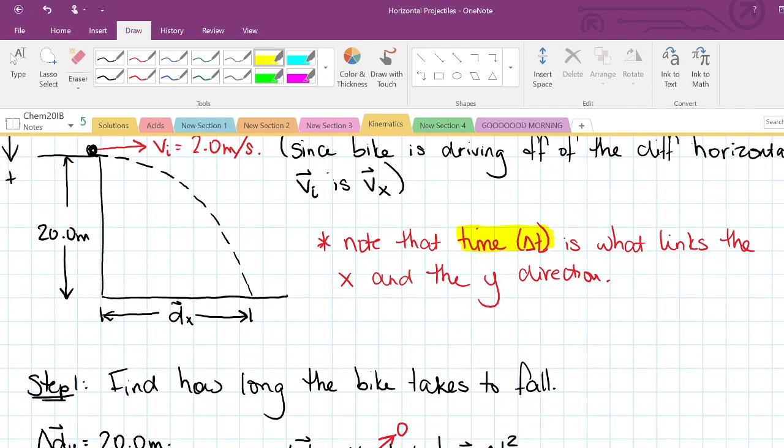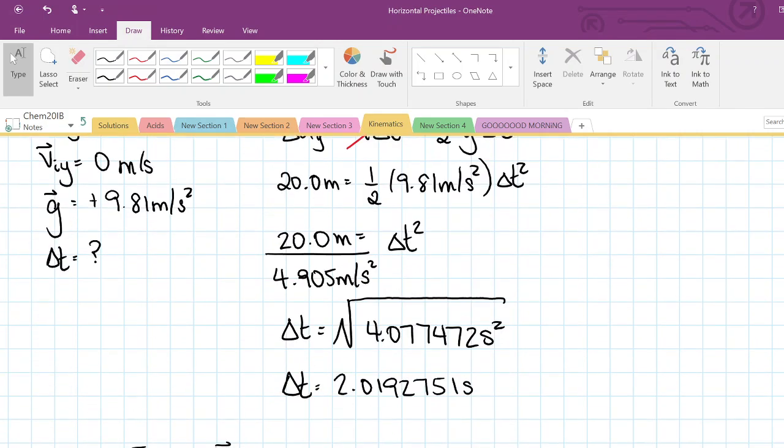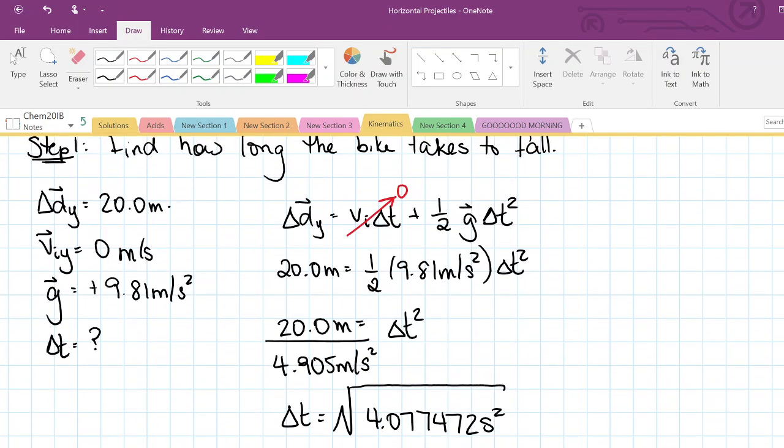So the first thing we need to do is find out, well, how long is that object falling? And I know from the problem and from the diagram that I've given you guys, the object will fall a displacement, or it will displace itself in the y direction, a distance of 20.0 meters.